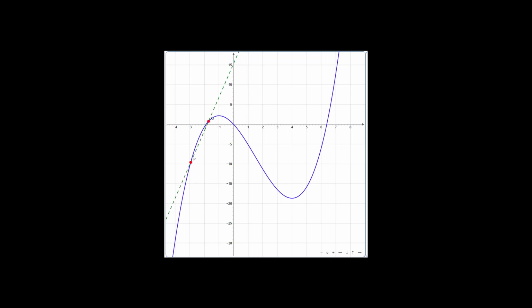And if I move these points P and Q to any place within this interval where my function is increasing, I have a positively sloped line. But if I move these points into an interval that is decreasing, then I end up with the slope of a line that is negatively sloped.